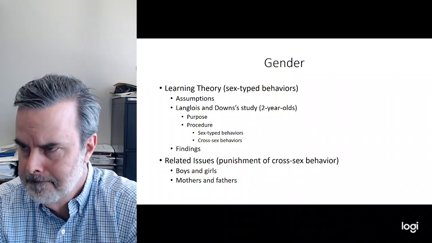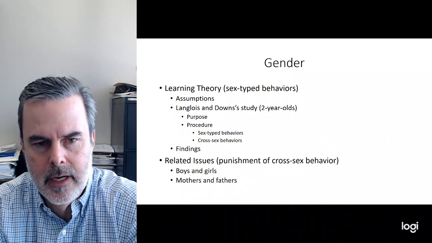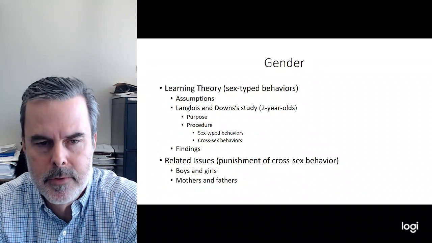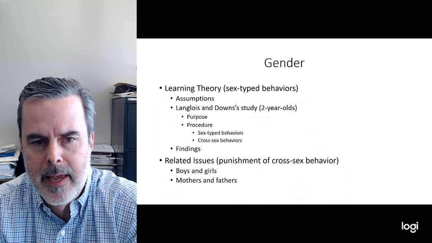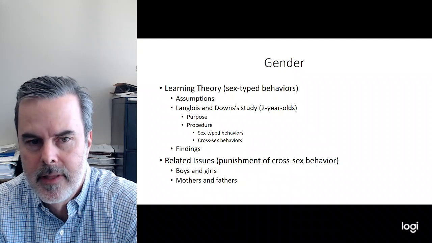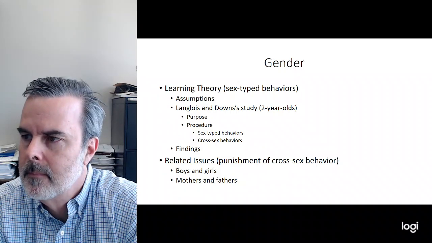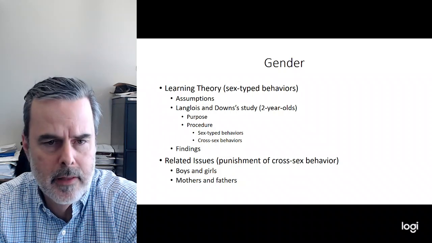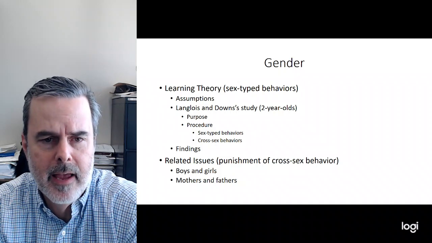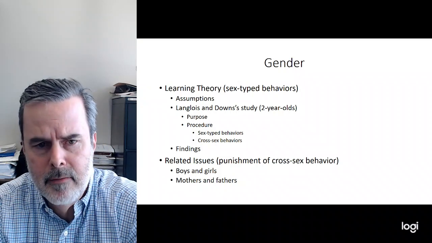Stereotypes can oftentimes lead to discrimination and bad outcomes, but they persist nonetheless in people's heads, and they can shape people's behaviors, and they can also shape how people view each other. So learning theory focuses on these sex-type behaviors, again, behaviors that society considers to be appropriate for men and women.